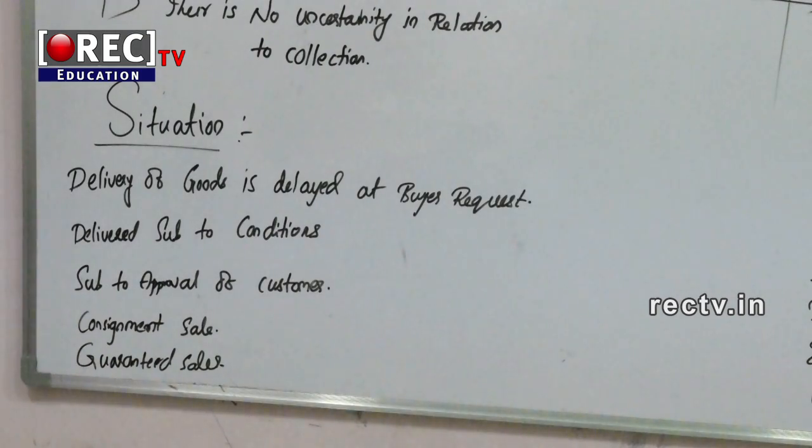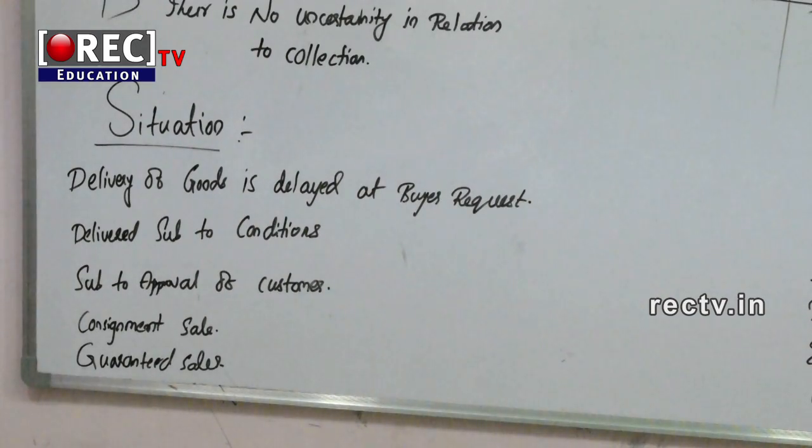So if the buyer accepts, you can recognize the revenue, or if the seller gave a prescribed time for accepting the delivery and the customer failed to accept in the prescribed time, then the revenue can be recognized. Or a reasonable time period has elapsed, in case no specific period is mentioned. If any one of these conditions is met, you can recognize revenue at that point of time.